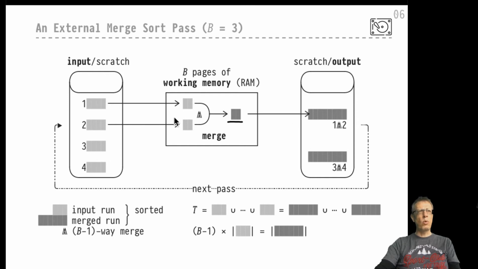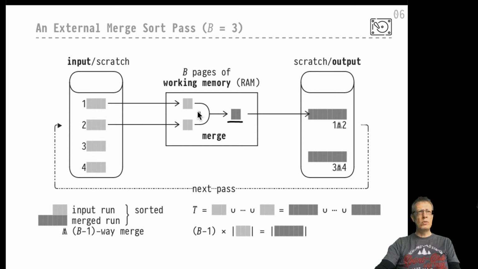At one point, all of the pages of our input runs will have been read, all of their contents will have been merged, and then we end up with this output run here. This output run is longer than the input runs, actually by a factor of B minus 1. B minus 1 input runs contribute their contents.